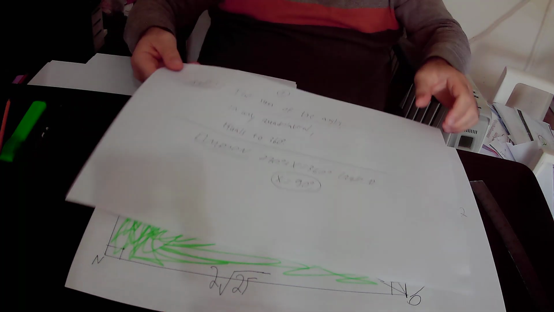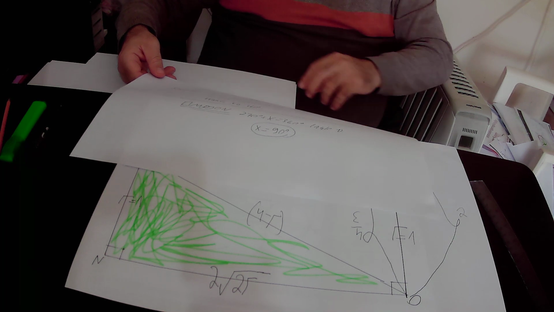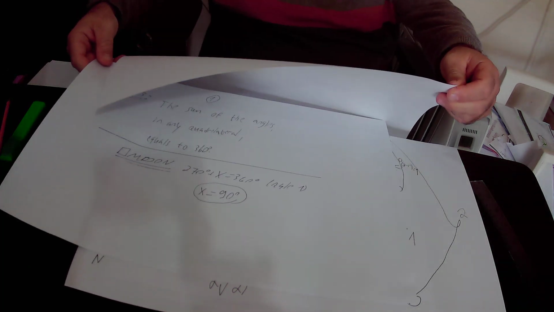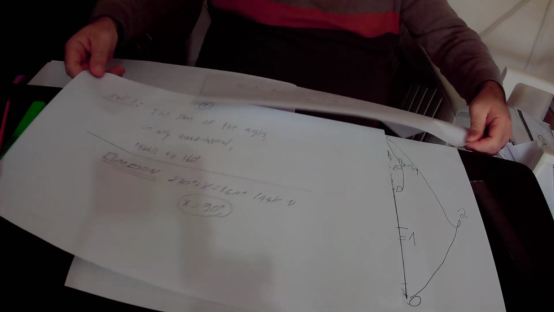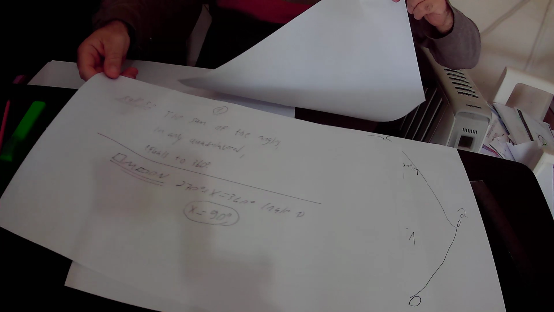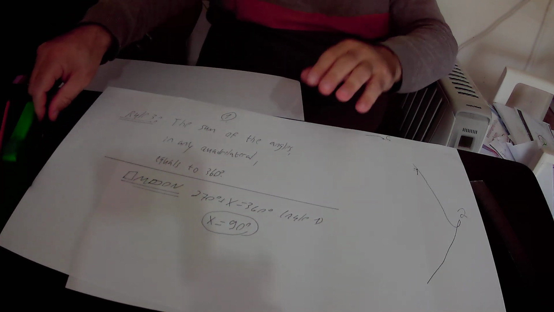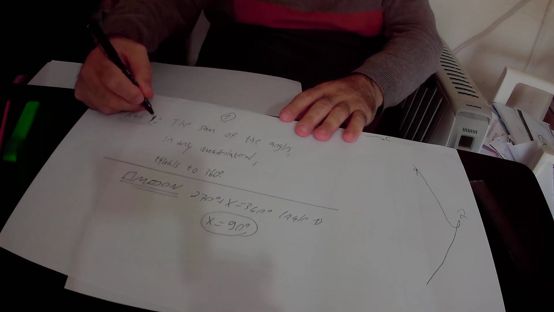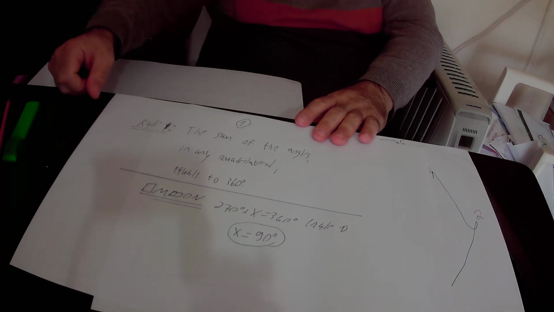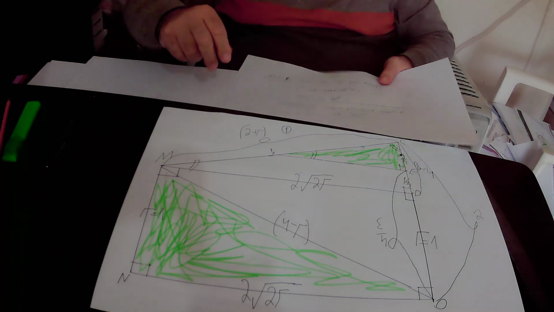And we have rule number 1 that states that the sum of the angles in any quadrilateral equals 360 degrees.